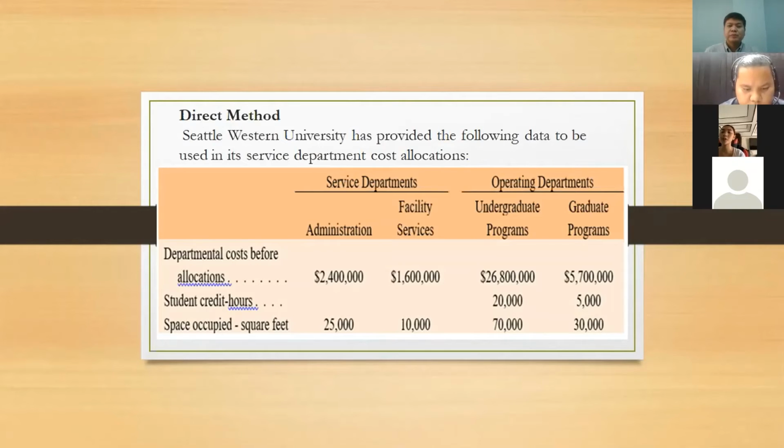In the operating departments, we have undergraduate and graduate programs. First, we will allocate administration based on the total student credit hours of the operating departments. And we will also allocate facility services to the operating departments based on their space occupied in square feet. Next, Sir Ivan.